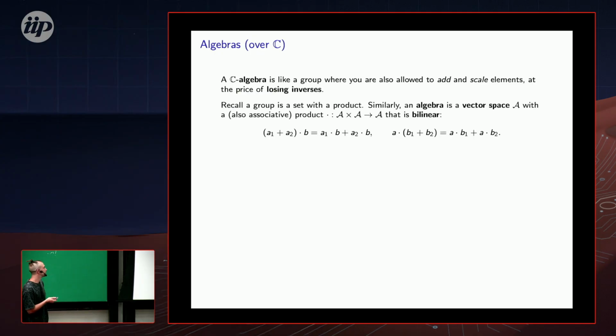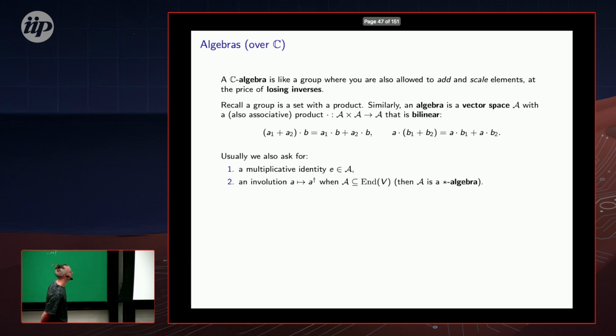But that's okay. So, as I was saying, an algebra is a vector space that has a product, like a group. The product is bilinear. It doesn't make sense to ask for linearity on the product of a group because, again, the group is not a vector space. Like a group, it has an identity, and if we demand it's a star algebra, this star means there's an involution.